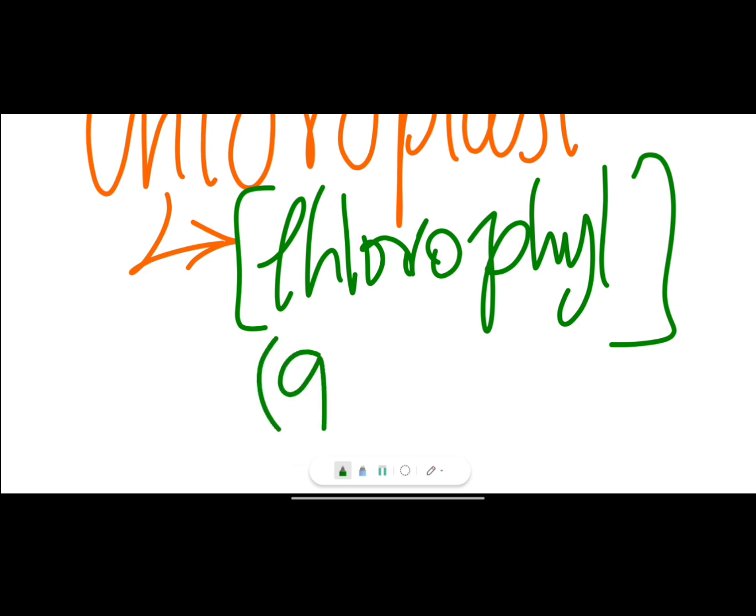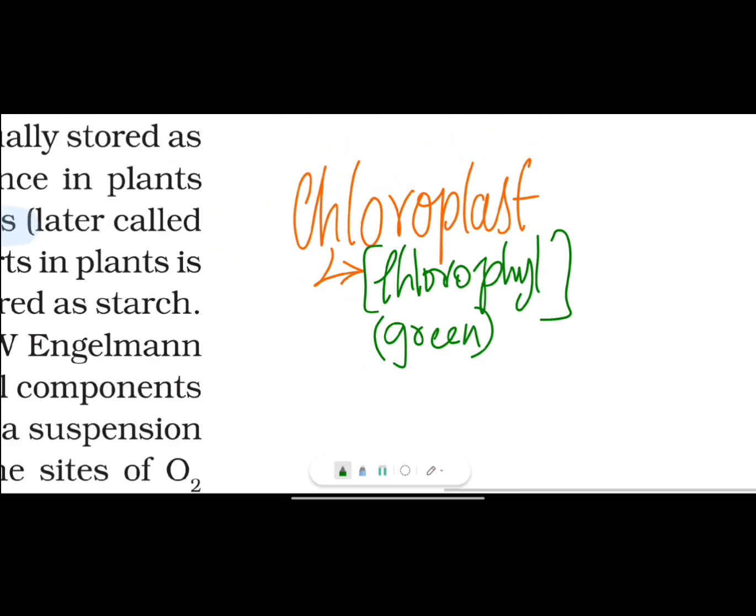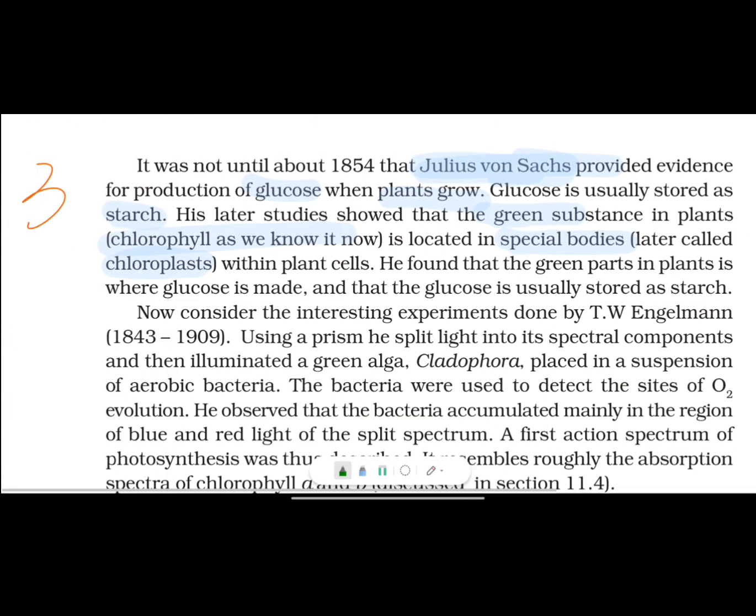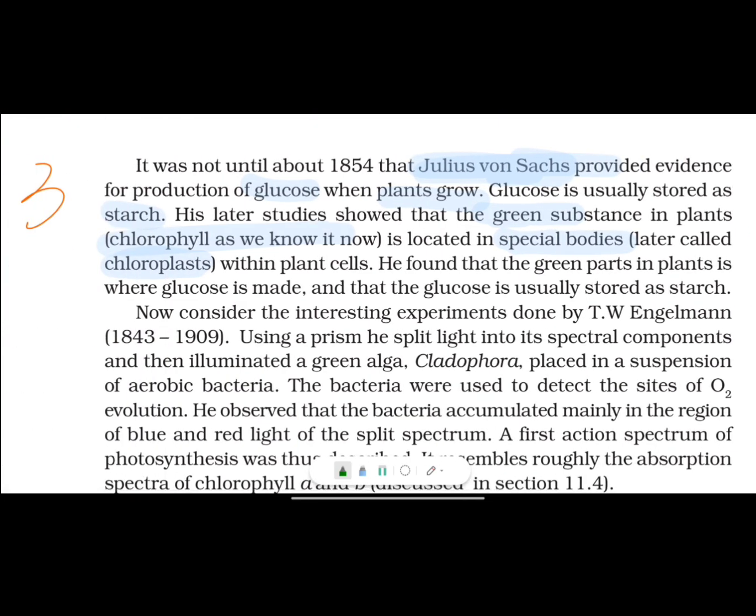Chlorophyll is green in color, and it is responsible for the production of glucose, because they store a form of glucose, that is, they store starch in them.